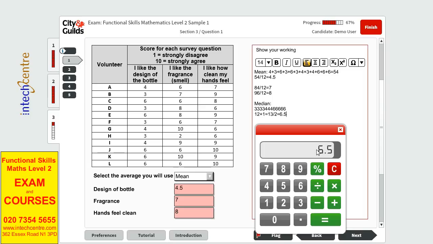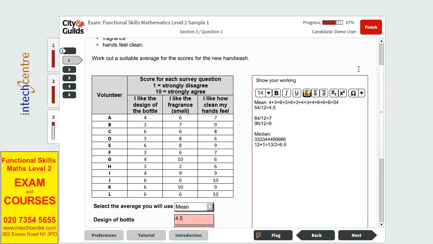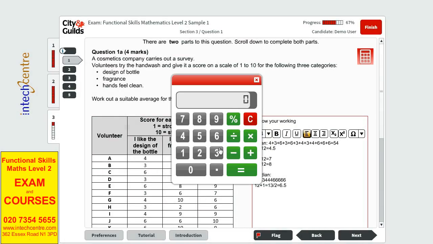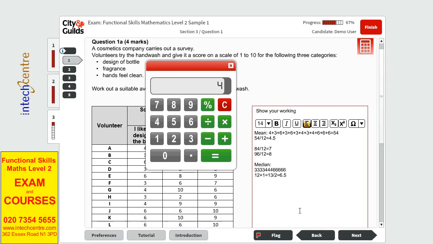Now the next thing you would do, let's see, 4 plus 4 is 8. 8 divided by 2 will give you 4. So we had to find the middle value in there.